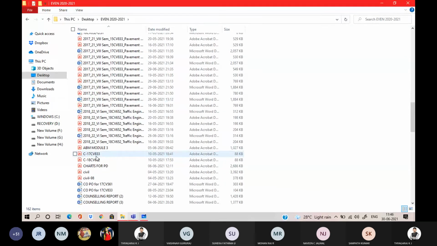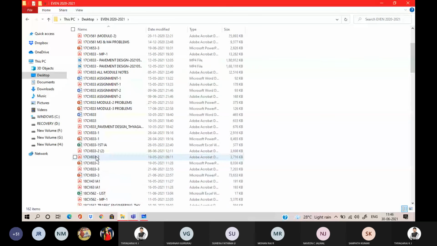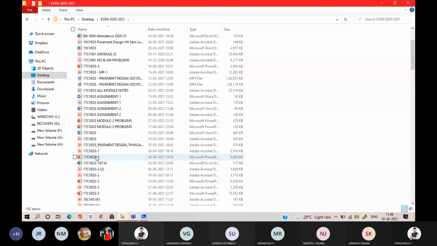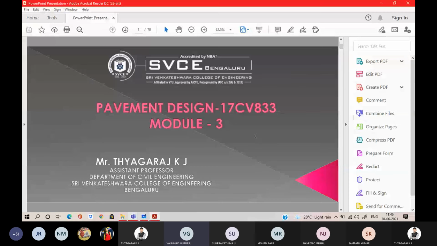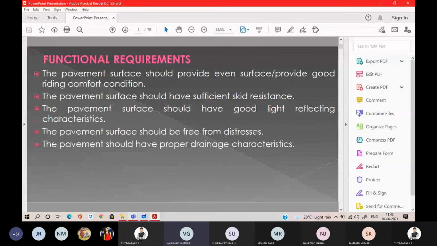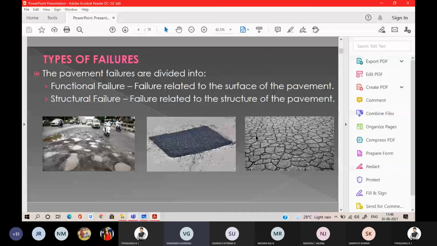Where is this third module? So there were two questions, sir. Types of failures in flexible pavements and types of failures in pavements. So types of failures are functional and structural failure.